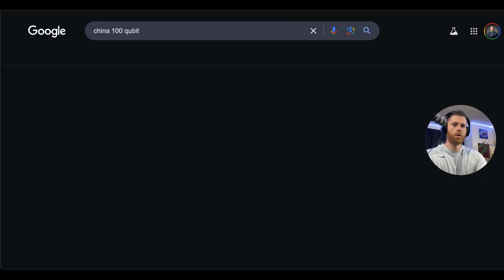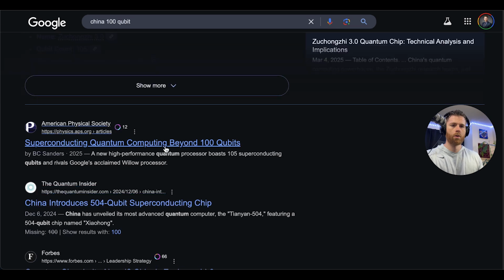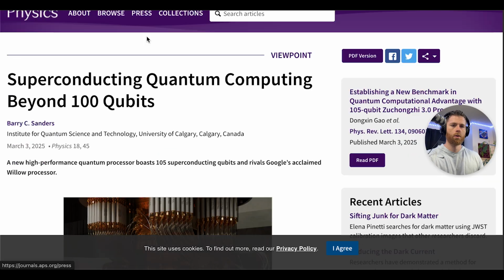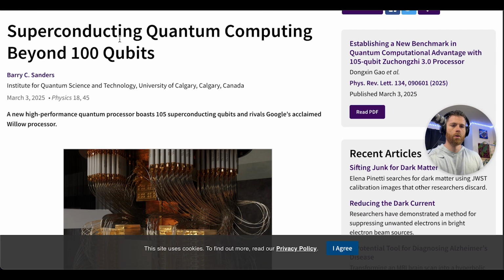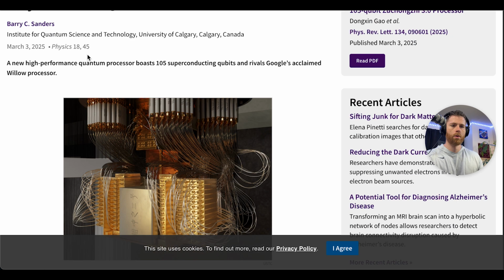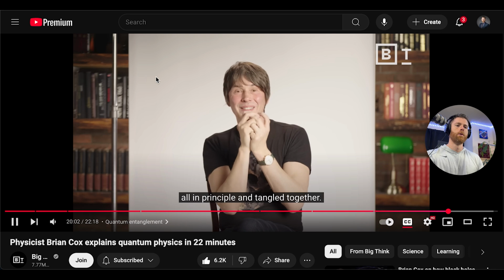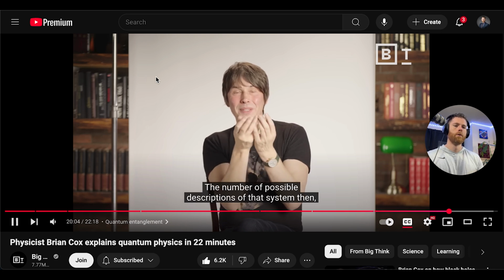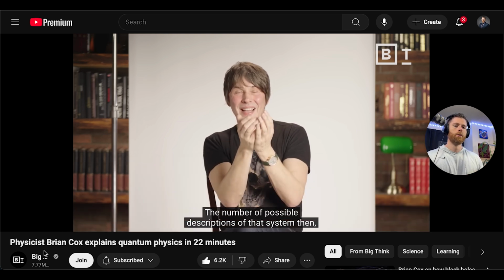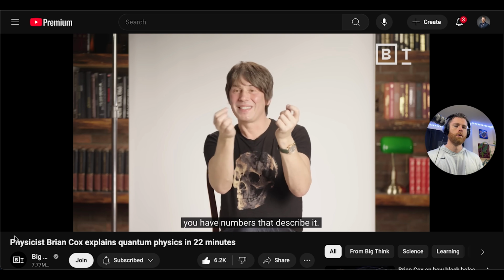There's 16 possible combinations. We're talking about building quantum computers now in which we have 100, 200, 300 qubits, all in principle entangled together. The number of possible descriptions of that system, then, you have numbers that describe it.